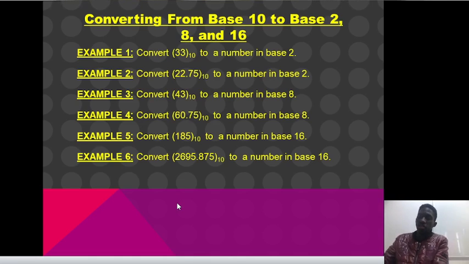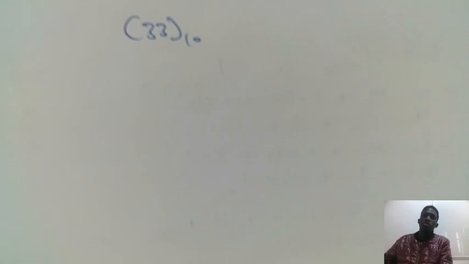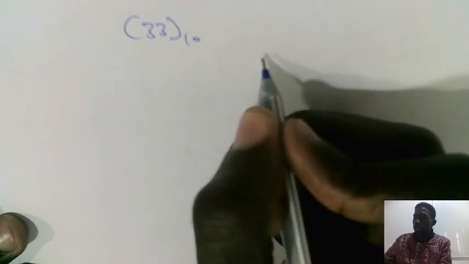We have 33 in base 10 and we want to convert it to base 2. When converting from any base to base 10, we use multiplication. When we want to go from base 10 to any base, we're using division, the opposite. So we are dividing.